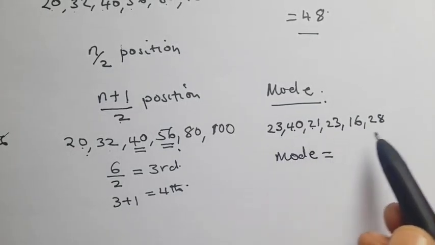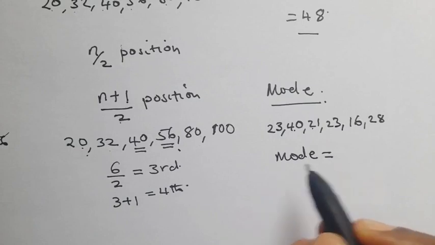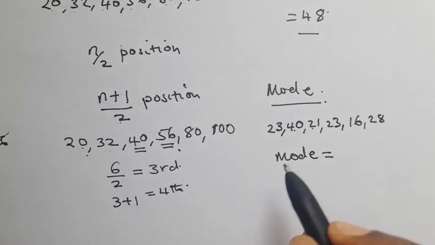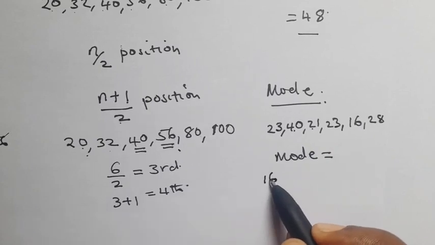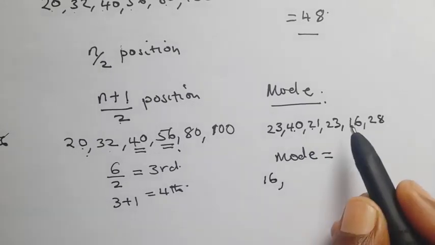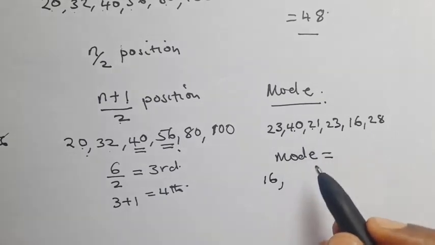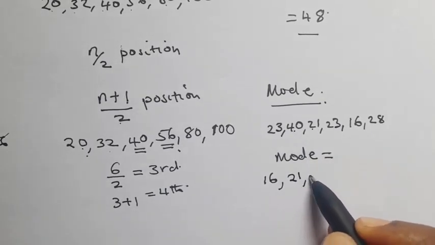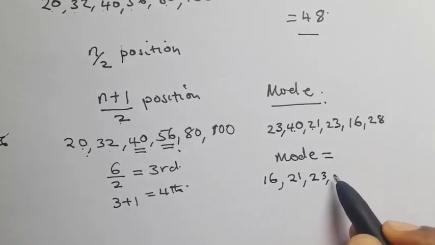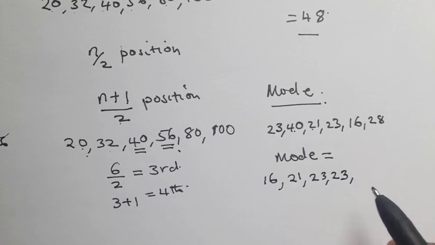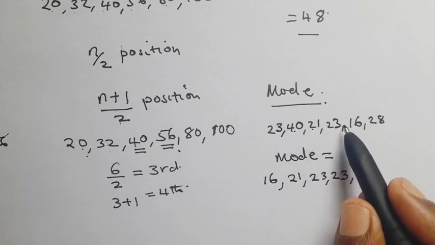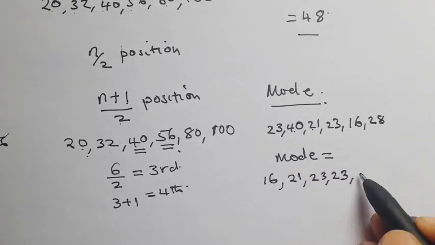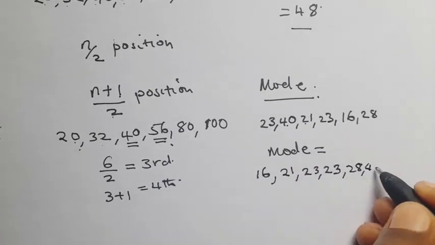Of course, you can first of all arrange in ascending order, and now here it becomes 16. Then the one that follows is 21, then 23, then again 23, then we have 28, and lastly 40.